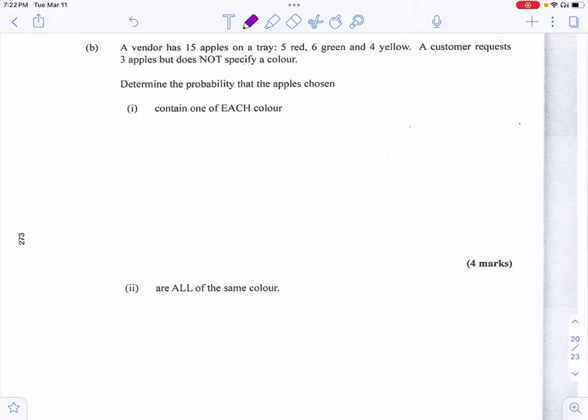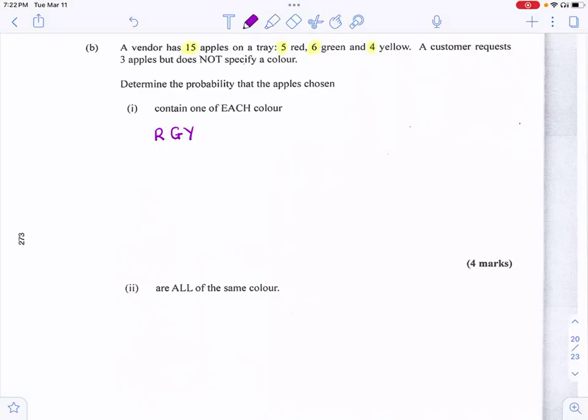So, here, in the bag, we have 15 apples: 5 red, 6 green, and 4 yellow. Every time I pick an apple, the number of apples in the bag reduces. So the first combination: I could have a red apple, then a green, and then a yellow.